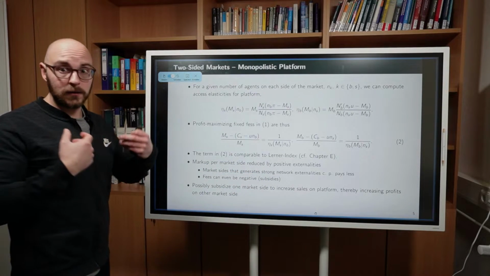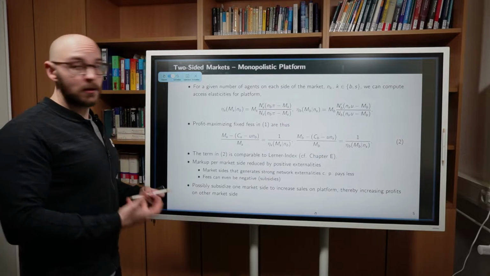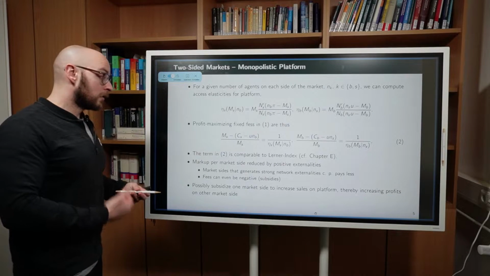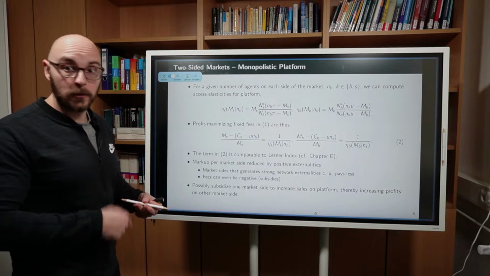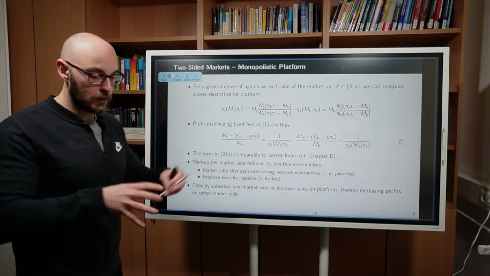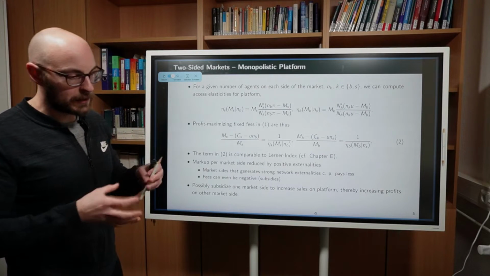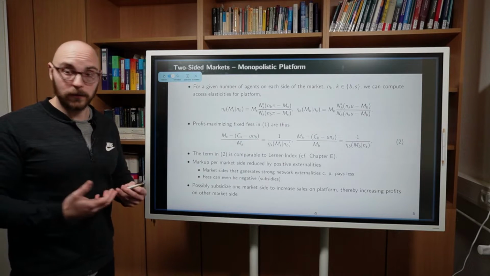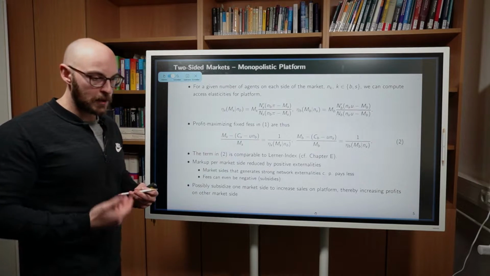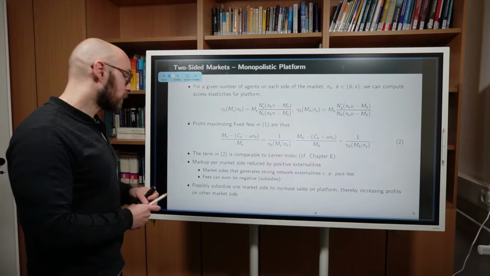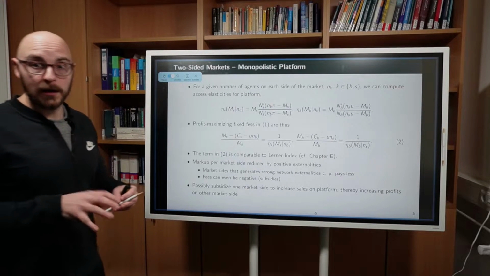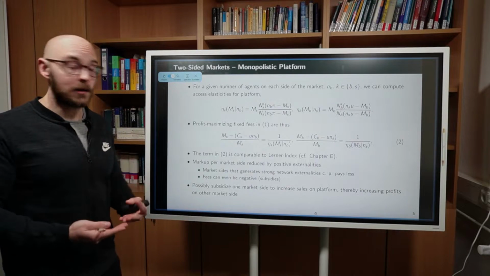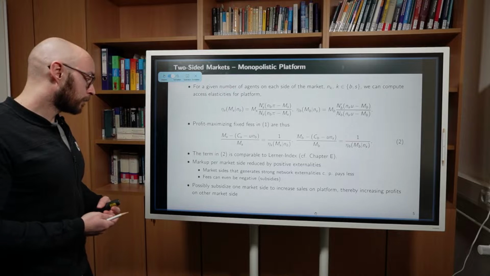So if it is good for you to have a lot of buyers on the platform, say a lot of players on an Xbox, you want to have the price for an Xbox relatively low, because if the number of players makes the platform attractive, developers want to develop games for the Xbox. If there are many people who use the Xbox, then you want to keep the price of the Xbox as low as possible, basically, in order to attract many buyers, many users, many players.